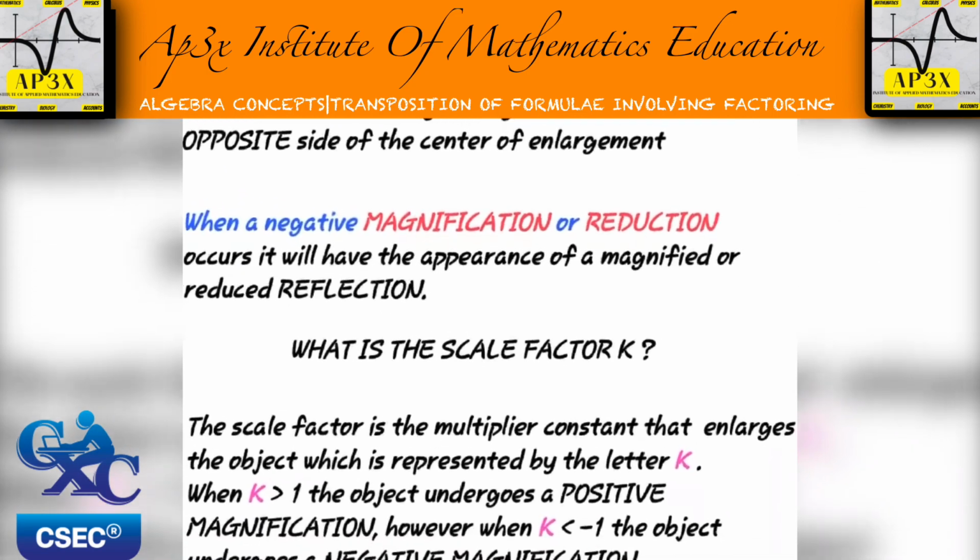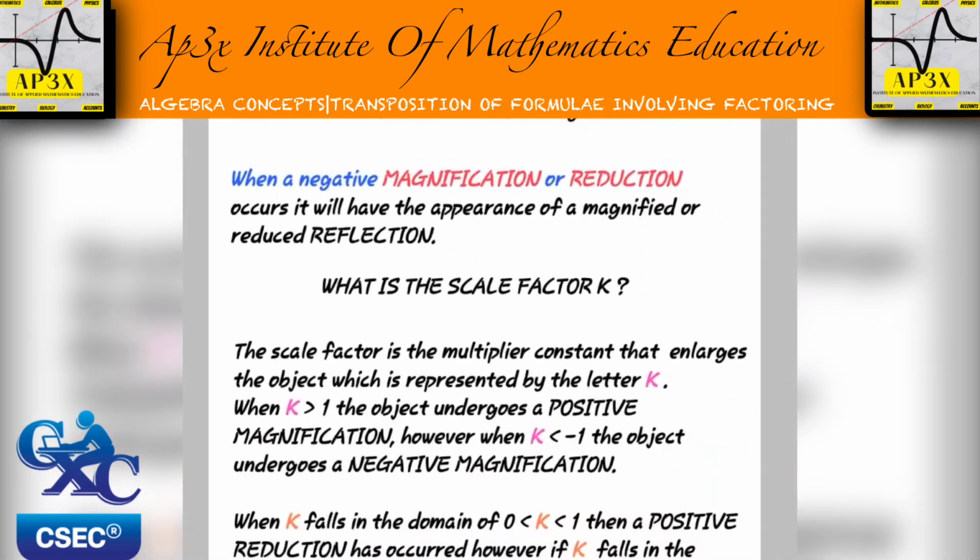All right, now we're going to dive into this: when a negative magnification or reduction occurs, it will have the appearance of a magnified or reduced reflection. So let's say that I have an object, which I'm going to be demonstrating to you on a graph in a moment. Let's say that we have a negative magnification.